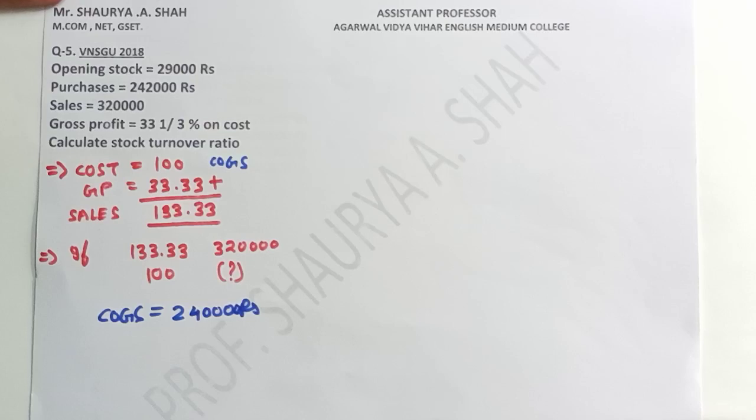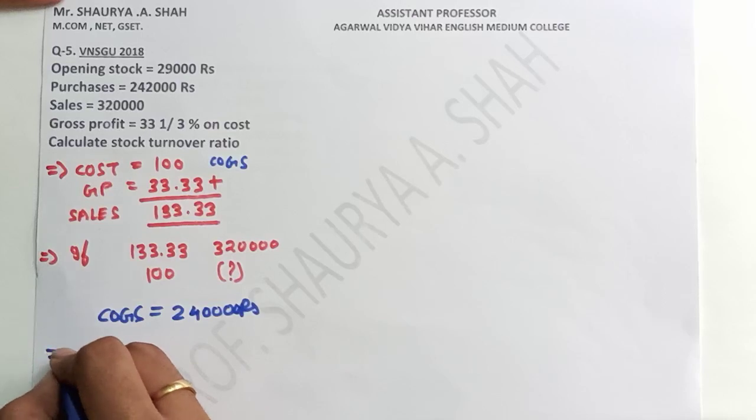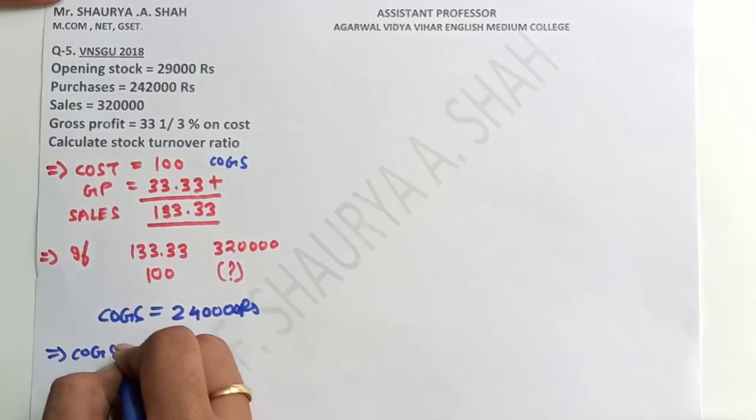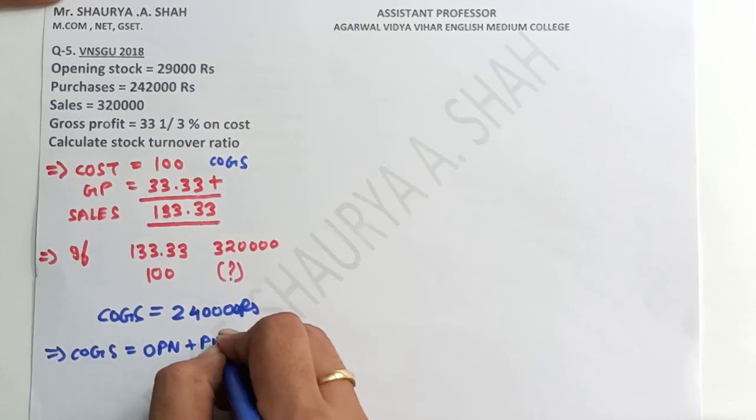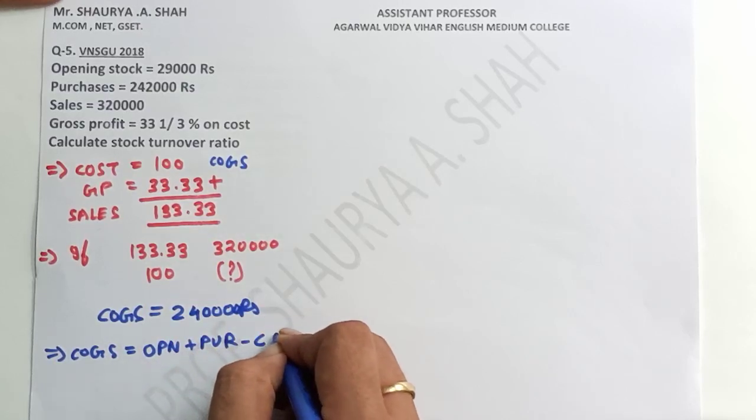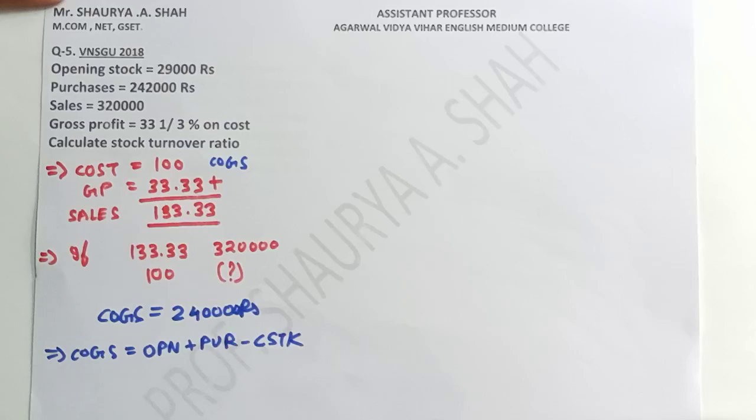Right. Now students, what does your cost of goods sold stand for? Your COGS stands for opening stock plus purchase minus closing stock. Just now we saw it, right? So I have my cost of goods sold, I have my opening stock, I have my purchase. What I'll find out is closing stock.